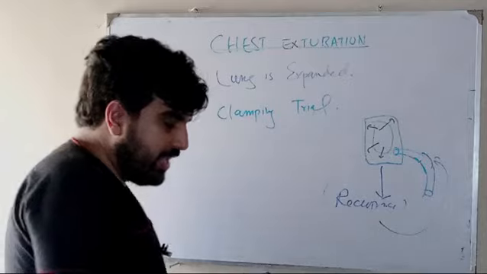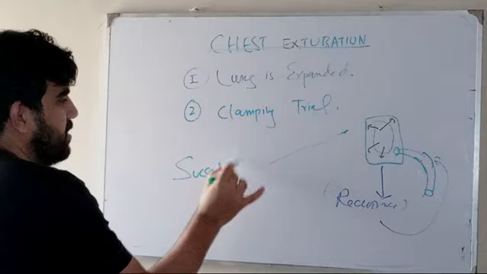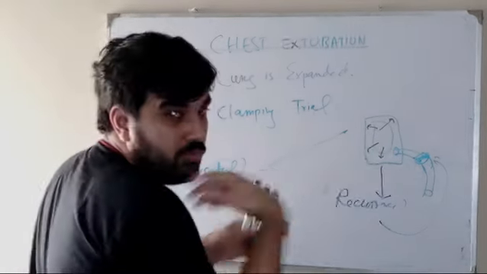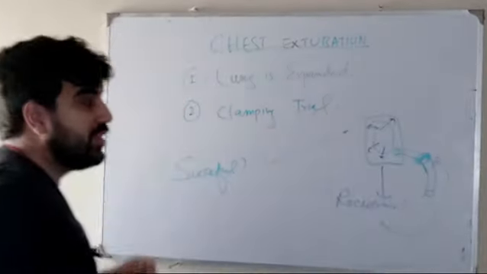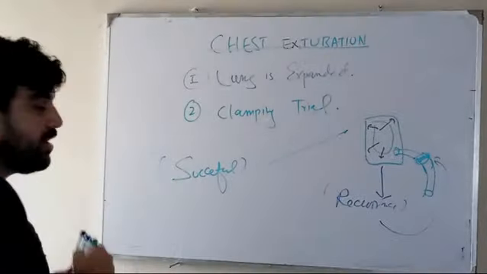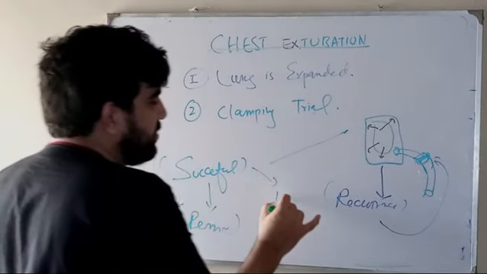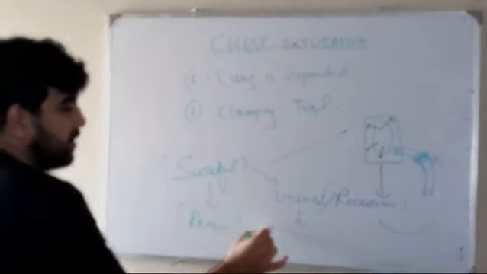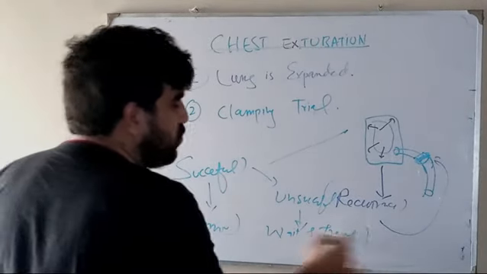If the clamping trial is successful, it means you block the tube, and on the X-ray the lung was still expanded, with no recurrence of the pneumothorax or collapsing of the lung. So this is a successful trial, then you remove the tube. If this is unsuccessful, meaning there is recurrence, then wait and treat. Do not extubate.